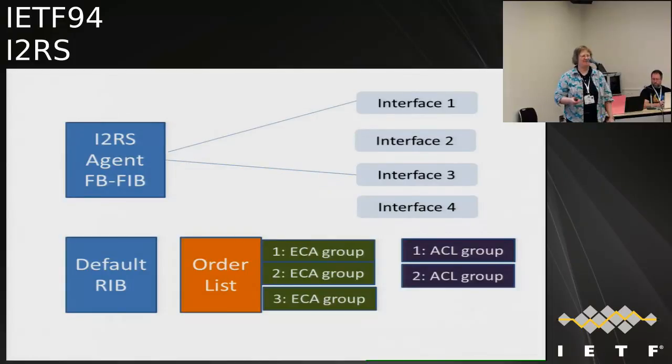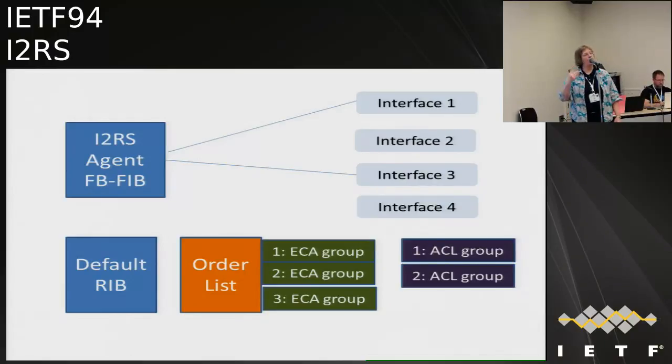The agent that is doing a filter-based RIB only operates on certain interfaces. You specify the interface that you're operating on. Second, you have an ordered list of event condition actions: match on IP header destination address 192.168.12, and then forward, is one event condition action or an ACL.